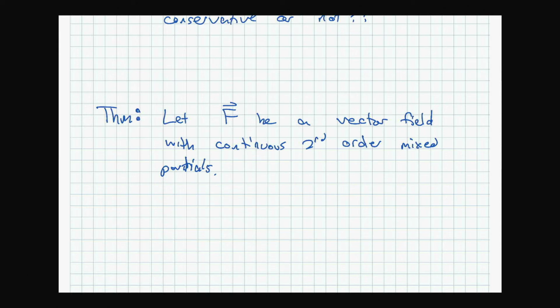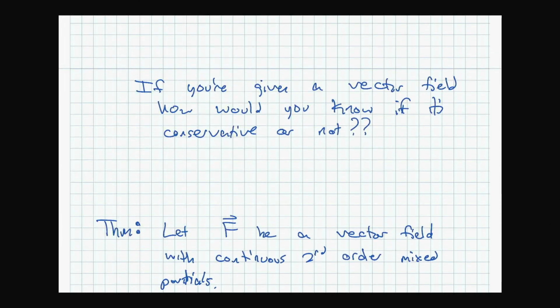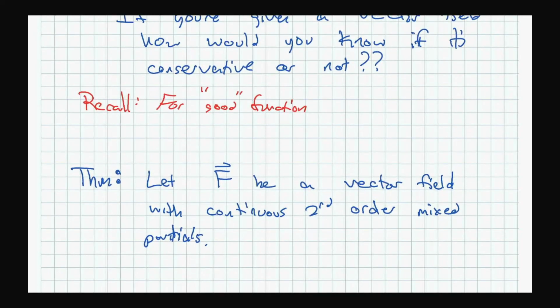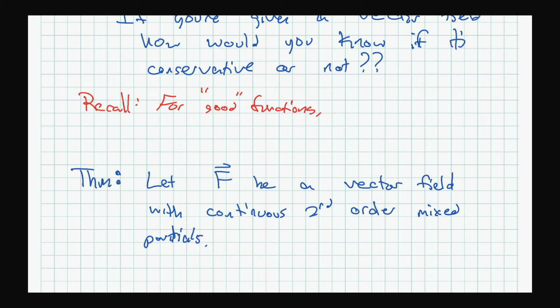Okay, so here's the idea. Just recall this fact. For "good functions," with continuous derivatives and continuous second derivatives, if you take the partial with respect to x and then the partial with respect to y, wouldn't that normally equal f of yx?